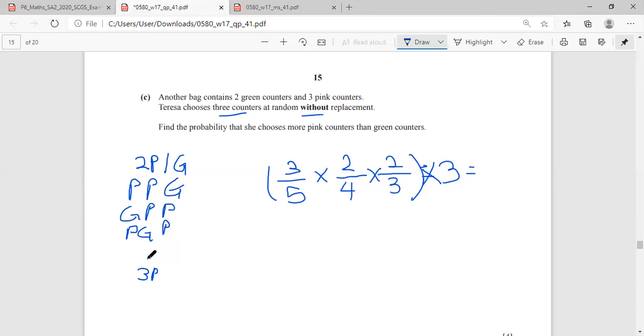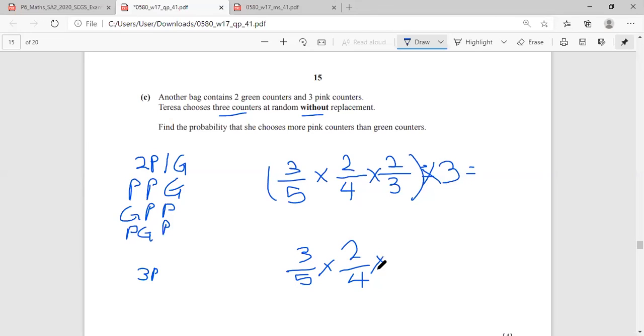Now we look at 3 pink. It also can be 3 pink. If 3 pink, what is the possibility? The first time I draw pink, the probability of pink is 3 over 5. Now the second time I also draw a pink color. So now the total number of pink counters in the container has become 2. The total counters in the container has become 4, reduced by 1, because you just took out 1.